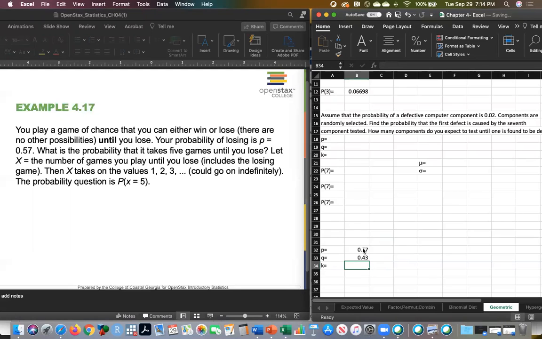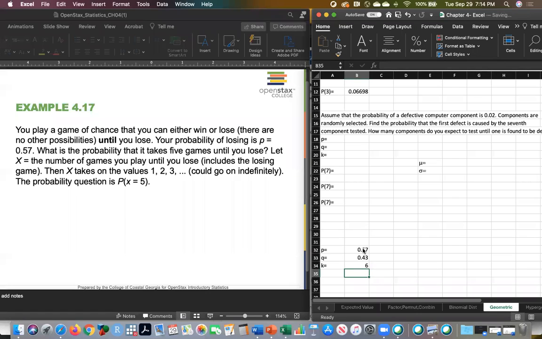And then the K, it says K is going to be equal to 5, right? So what is the probability that it takes 5 games until you lose? So then K is, in this case, 5 games. So the 6th is going to be the loss. So probably that should be 5, right?